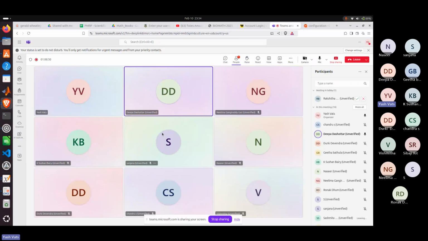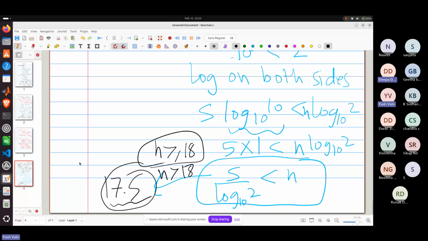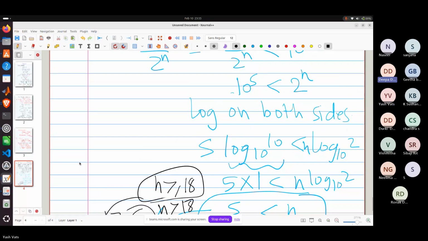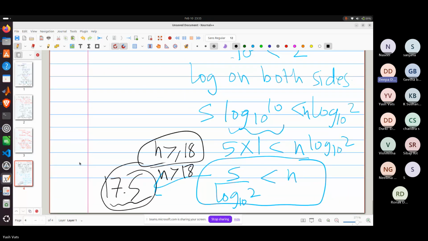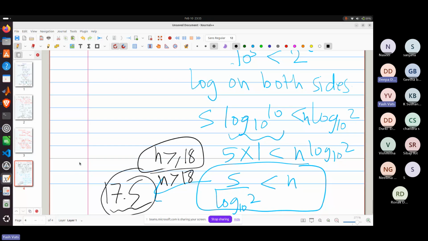Any questions? Deepa, you want to ask something? Here n is for the number of iterations, no sir? Yes. So till the 10th iteration, we don't get that much accuracy. It's coming around 10 to the power minus 3.